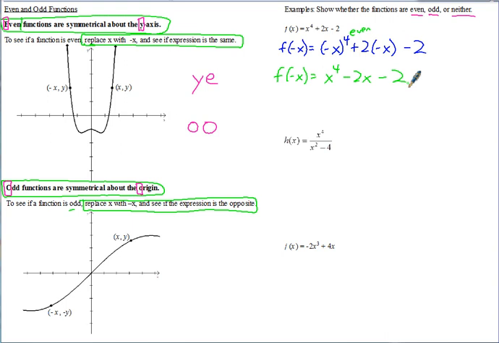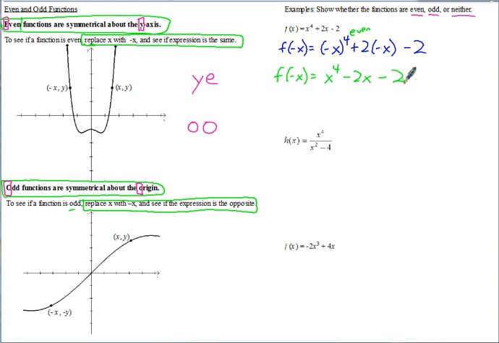All right, let's see if it's the same, first of all. x to the fourth is the same, but negative 2x is the opposite, and negative 2 is the same. So it's definitely not the same. They're not all the same sign, they're not all the opposite sign of the original one. Is it the opposite of the original one? See if it's symmetrical about the origin. Well, if it was the opposite, they would all have to be the opposite sign. This would have to be a negative x to the fourth, and this would have to be a positive 2.